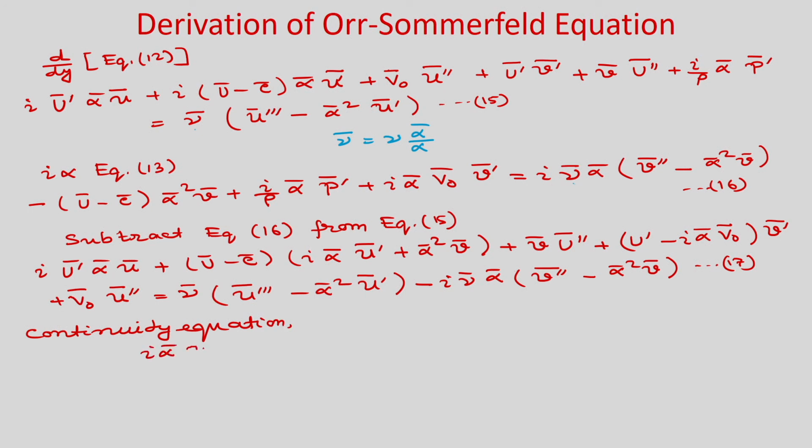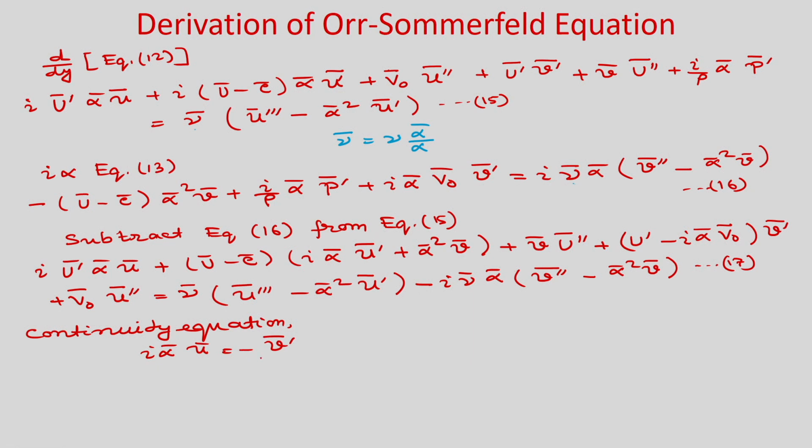i alpha bar u bar is equal to minus v prime bar. Okay. So, whatever we have, this u triple prime, u prime, u double prime, all these we can actually substitute in terms of v.